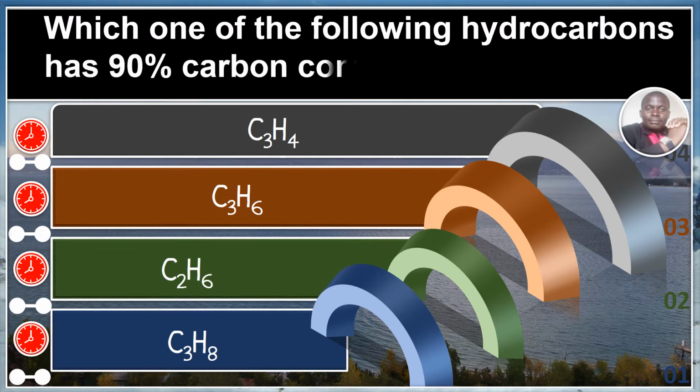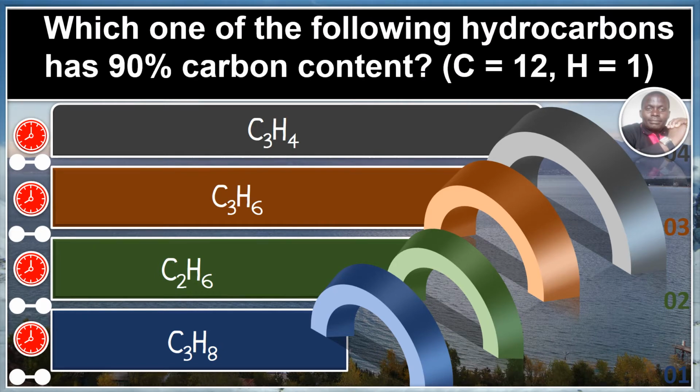Which one of the following hydrocarbons has 90% carbon content? Given that carbon equals 12, hydrogen equals 1. C3H4.